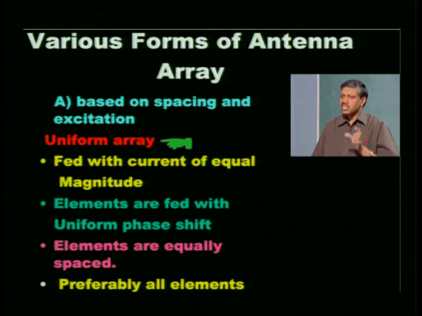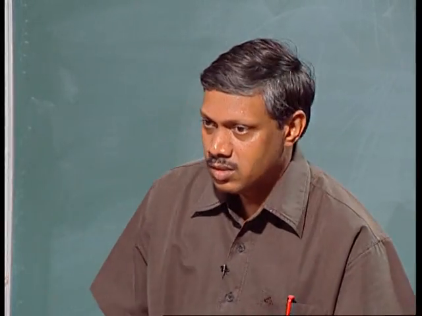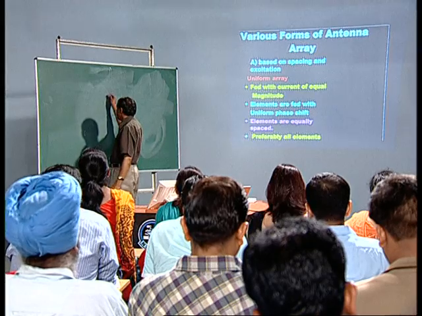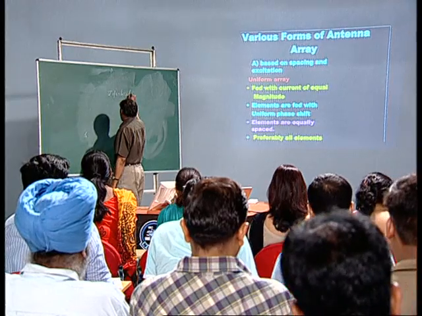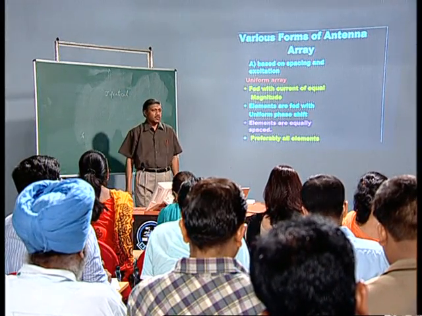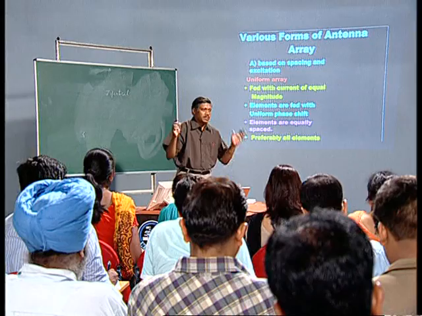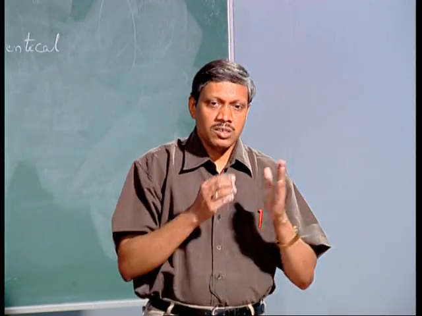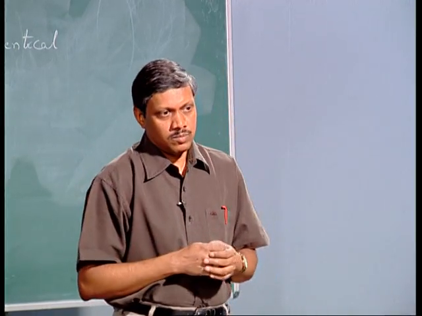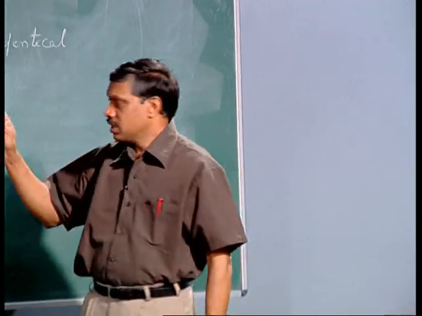As the name implies, uniform usually takes identical elements, and the spacing between elements is the same. When I say identical, if I am taking an array of 10 elements and the first element is a dipole, obviously the other 9 elements are to be dipoles. Usually this is the approach.